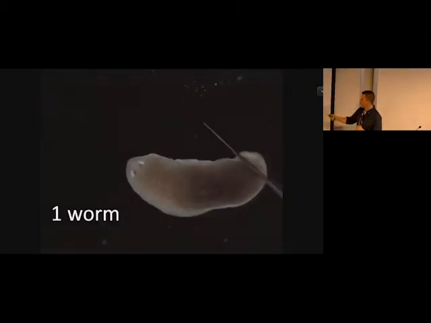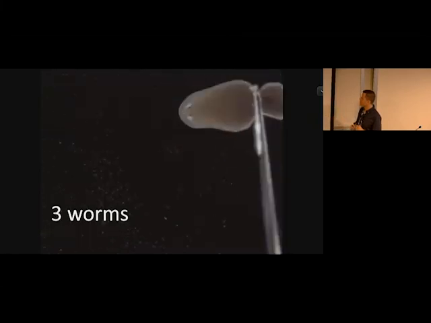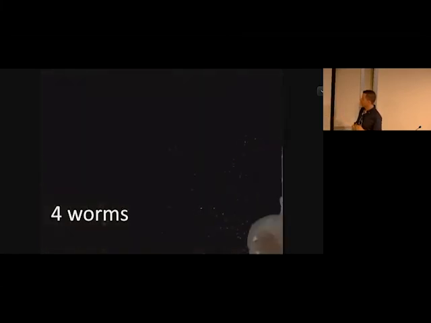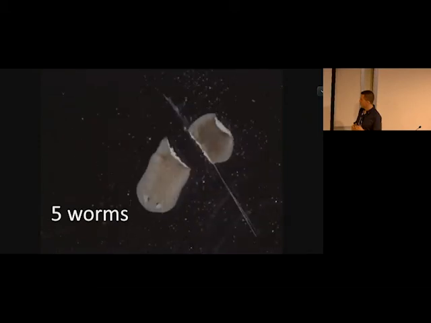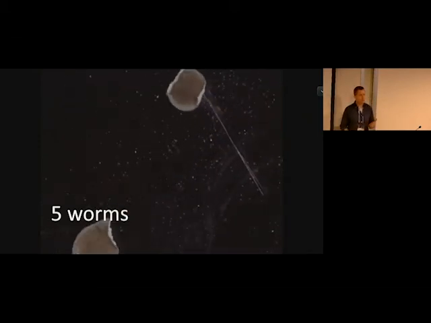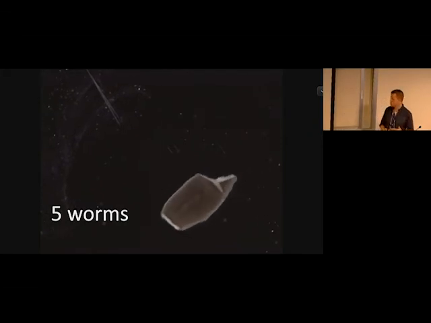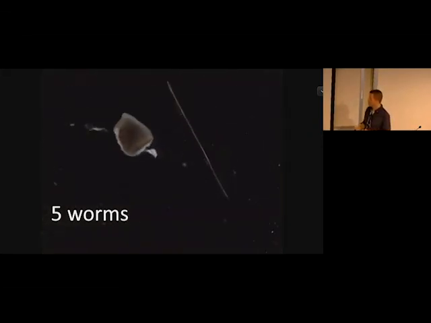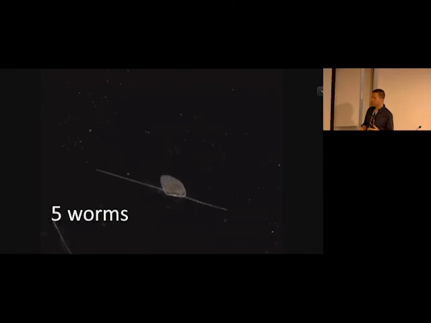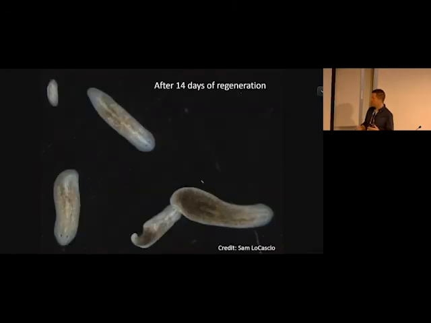So you see here a knife that goes down and cuts a planarian into pieces, and each time that it cuts it, it generates multiple fragments. And by the end of this experiment, there are 5 different fragments, and those 5 fragments, very predictably, within 14 days, I mean, within 7 days, will complete the regenerative process, and that means that they will regrow their heads, regrow their tails, regrow all of their internal tissues.